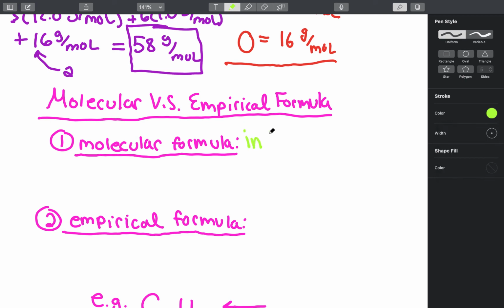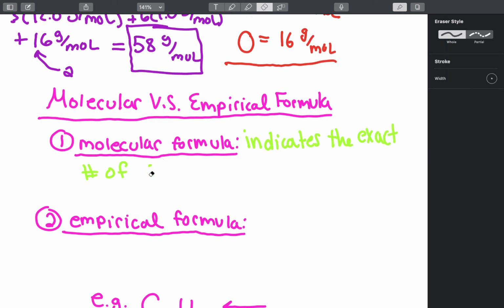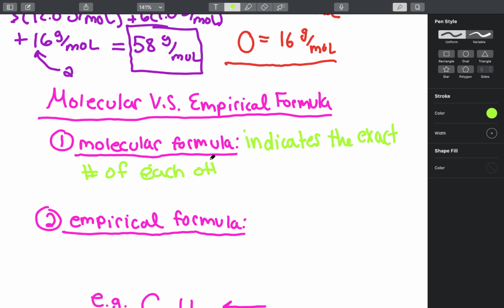It indicates the exact number of each of the atoms that make up a molecular compound.